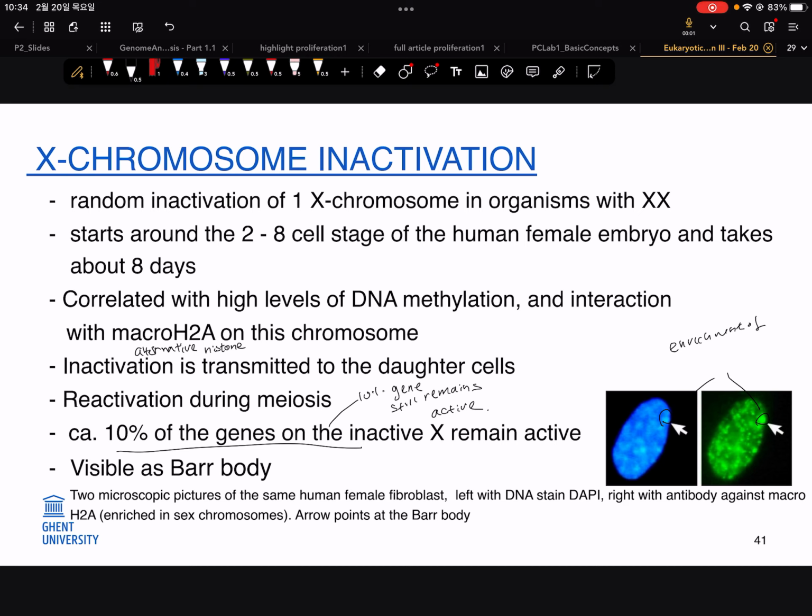We have called that the Barr body, because it was discovered by a certain guy named Barr, who observed it. At that moment we didn't know yet what it was, of course. Later it was discovered that that is the inactive X chromosome. MacroH2A does not only occur in the Barr body. You see some dots at other locations as well, but it's enriched there.